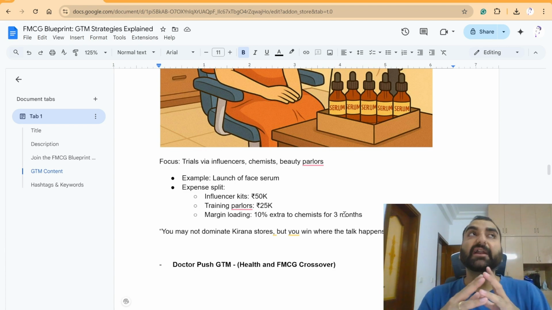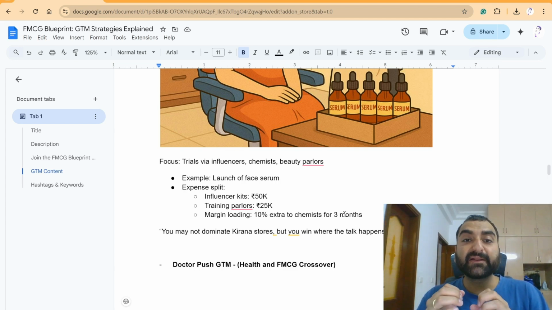In this kind of GTM model, you might not be dominant among the Kirana outlets, or the normal grocery outlets, but you will win where the product actually sells, which is identifying the right customer channel for your particular brand.